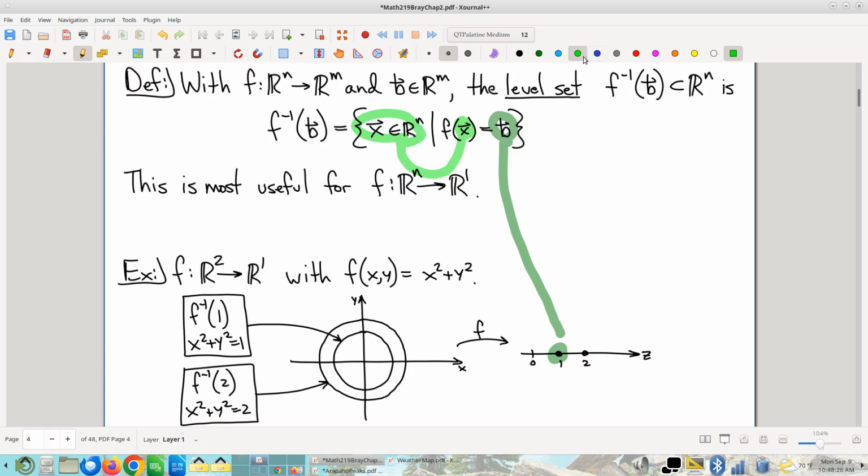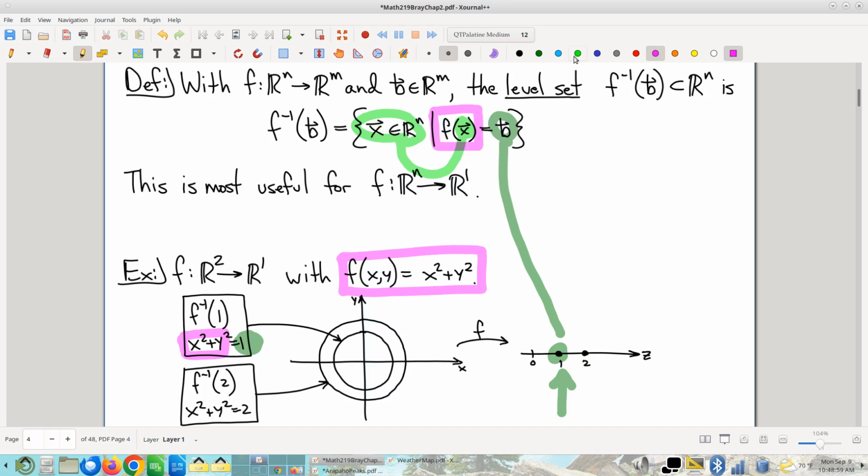So given this output value of 1 arbitrarily, I want to look at all the x's and y's that make the value of the function equal to that selected output value. Given 1 is my output, looking at this function, x squared plus y squared, we set the value of the function equal to this selected output value and see what you get.